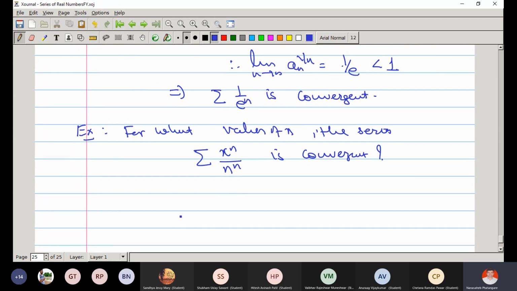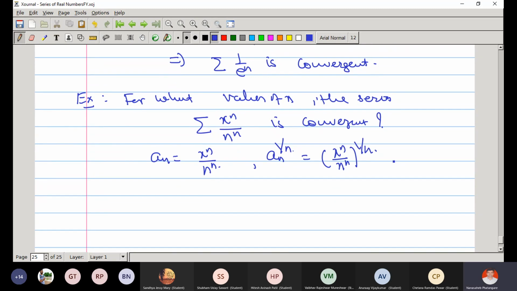How will you do this? Here an is x to the power n upon n to the power n, and I will look at an raised to 1 by n. Basically this test is for positive terms, but if we take absolute value then also no problem, right? So what is it? x to the power n upon n to the power n raised to 1 by n. And what is the limit now?